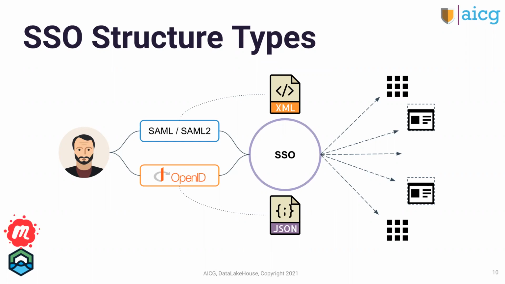SAML uses more of an XML structure, and OpenID uses more of a JSON structure, actually referred to as a JWT. So it's more of a token-based encryption that you can pass along from website to website, in essence, in your web browser as you're accessing these different applications.